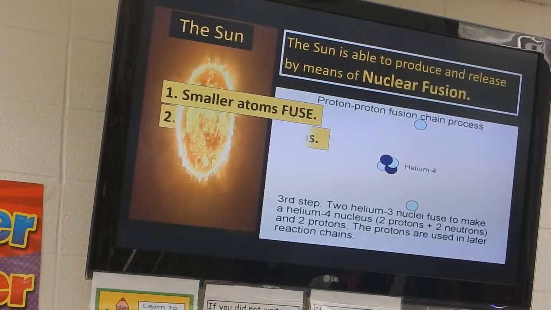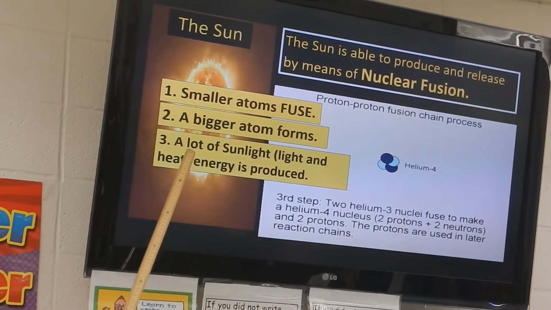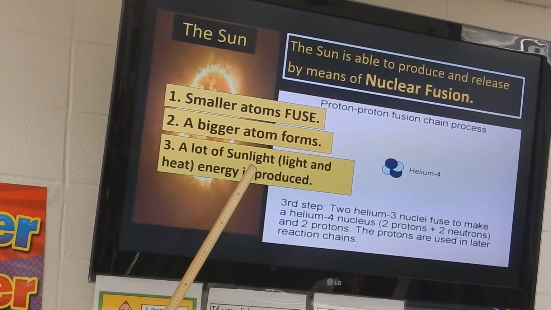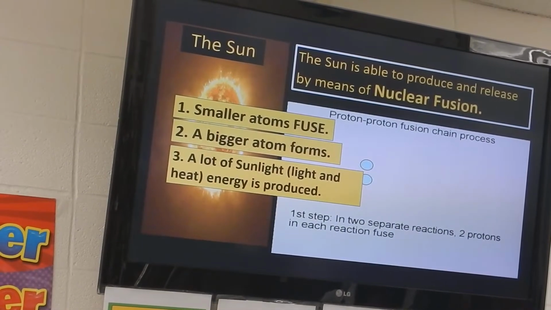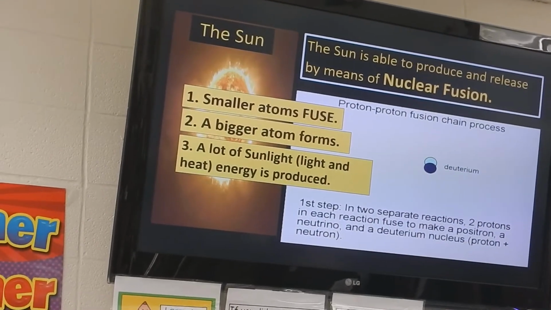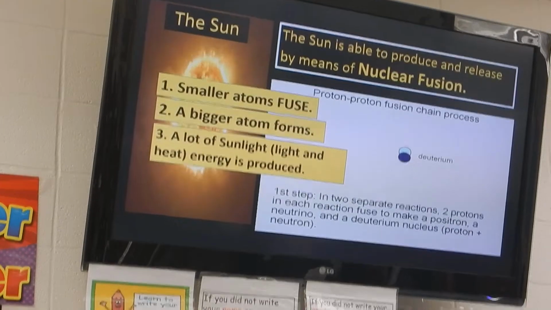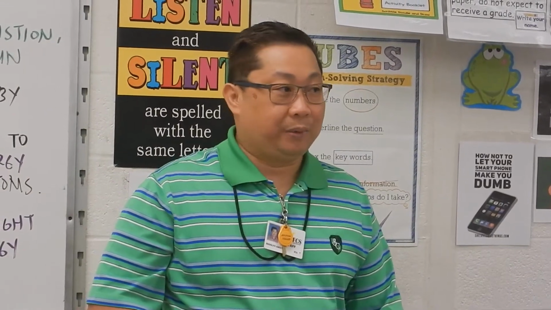Smaller atoms fuse, a bigger atom forms, and a lot of sunlight, light and heat or energy is produced. This is nuclear fusion. The process should happen at a tremendous heat and pressure, and the atoms should be moving at a very high speed for nuclear fusion to happen.